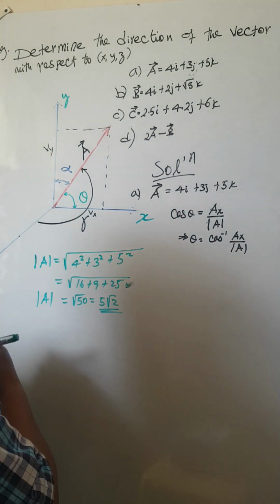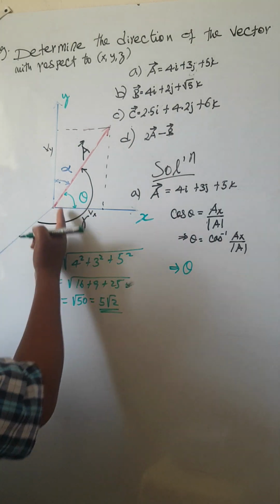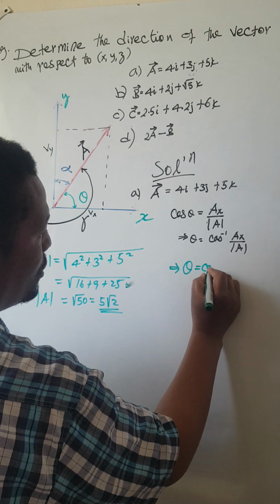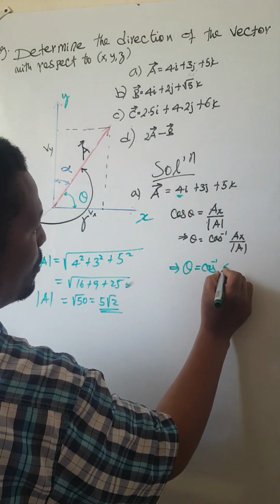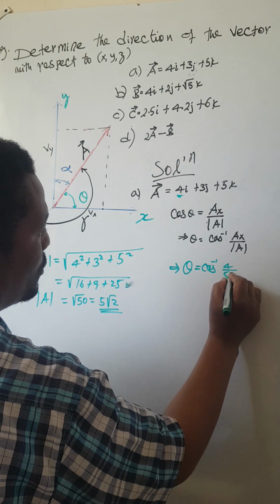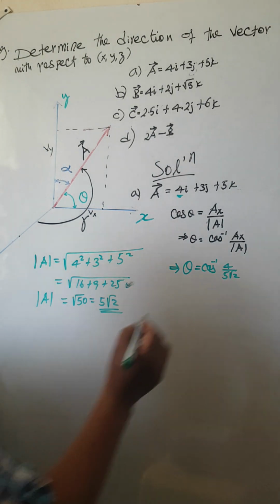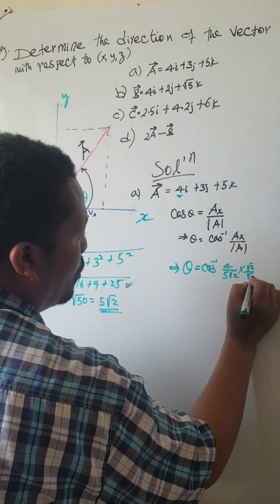So this implies the first angle of the vector with respect to x is equal to cos inverse of Ax, which is 4, divided by 5 root 2. To rationalize this, multiply by square root of 2 over 2.